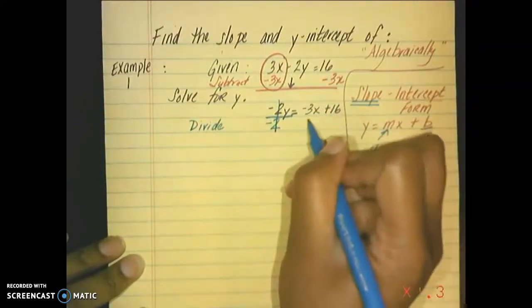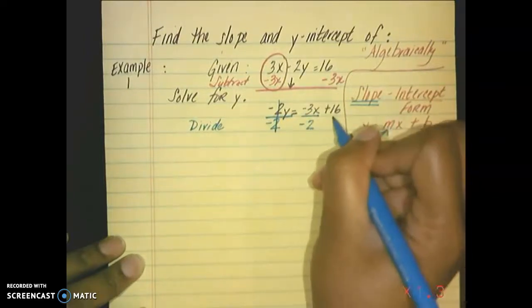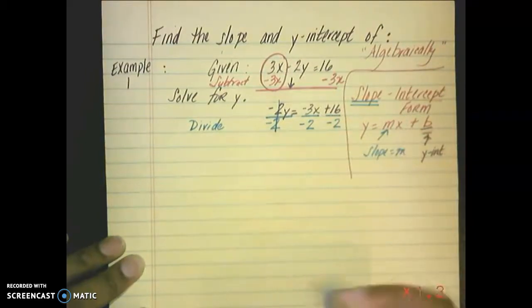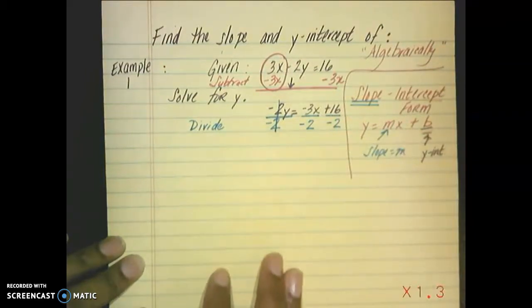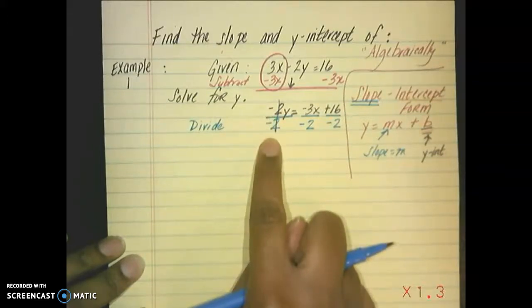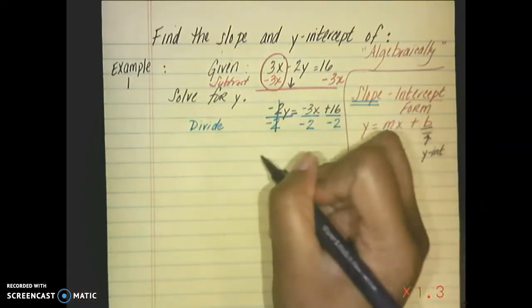Now here's what I want you to do. You can get into the habit of dividing every single term by a negative 2. That way we can see things a little bit more. Now what happened here is that a negative 2 divided by negative 2 is 1, so all I'm left with on the left-hand side is just y.